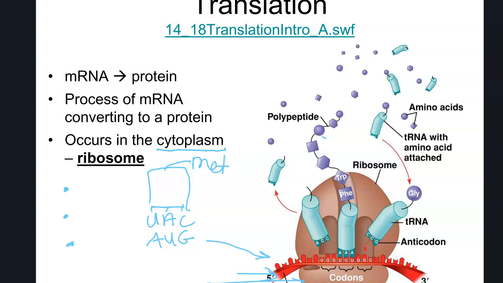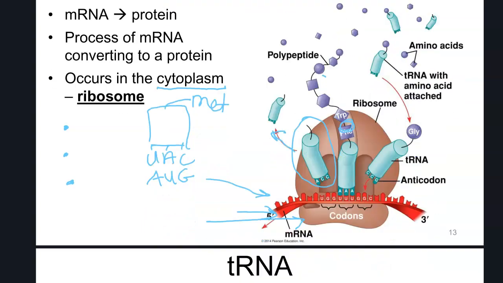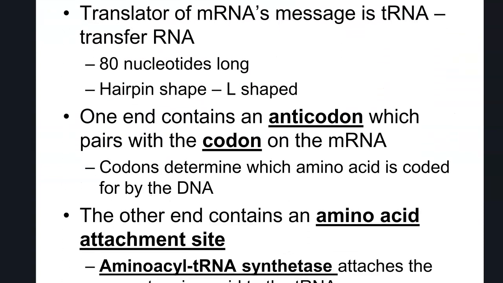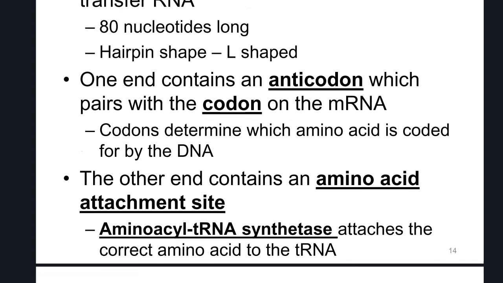Every time a peptide bond forms, there's an empty tRNA that needs to get out of the ribosome and go back and become a functional one again with an amino acid. So in order for that tRNA to get back to having the correct amino acid, there's an enzyme called the aminoacyl tRNA synthetase.